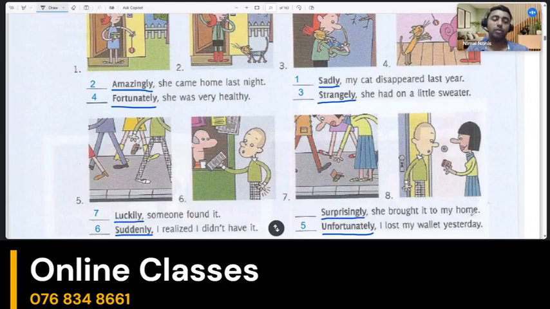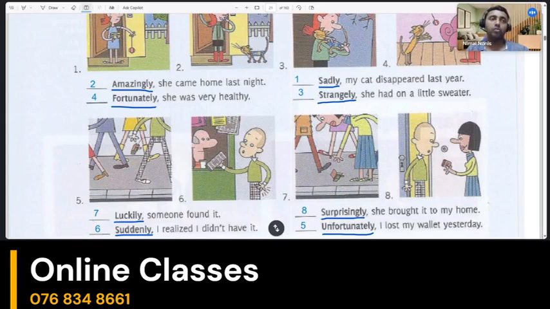Surprisingly, she brought it to my home. Normally, even if you find a purse that belongs to somebody else, you don't take it to their house. You either post it, or give it to the police, or give it to some person who would keep it safely. Let's assume you find a purse at the railway station.